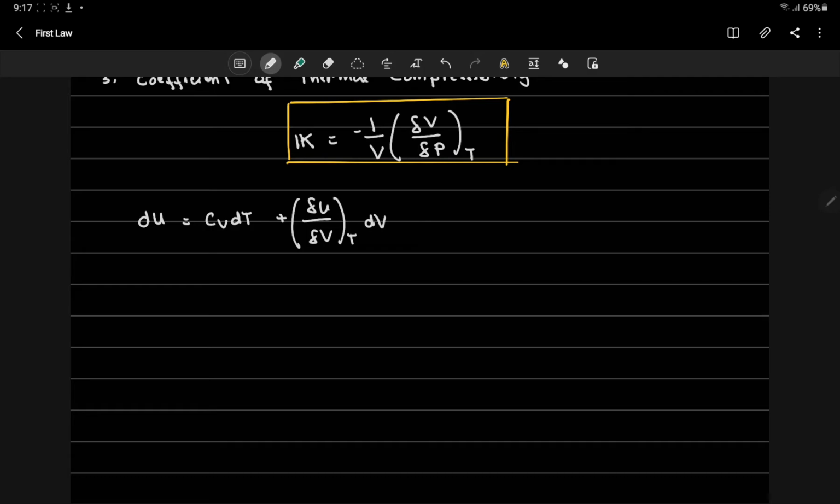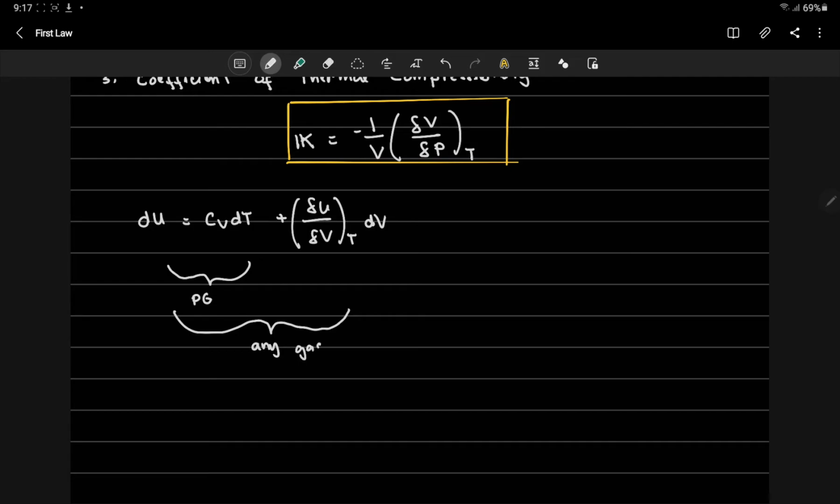So kung maalala ninyo, yung first term ng equation na to, that will be for perfect gases. So first term, okay, so let me write it here. Now let me just put the annotation in the actual equation. So kung gagamitin nyo tong first term lang, that's for perfect gases. Pero kapag gagamitin mo yung buo, yan yung general equation na for any gases.